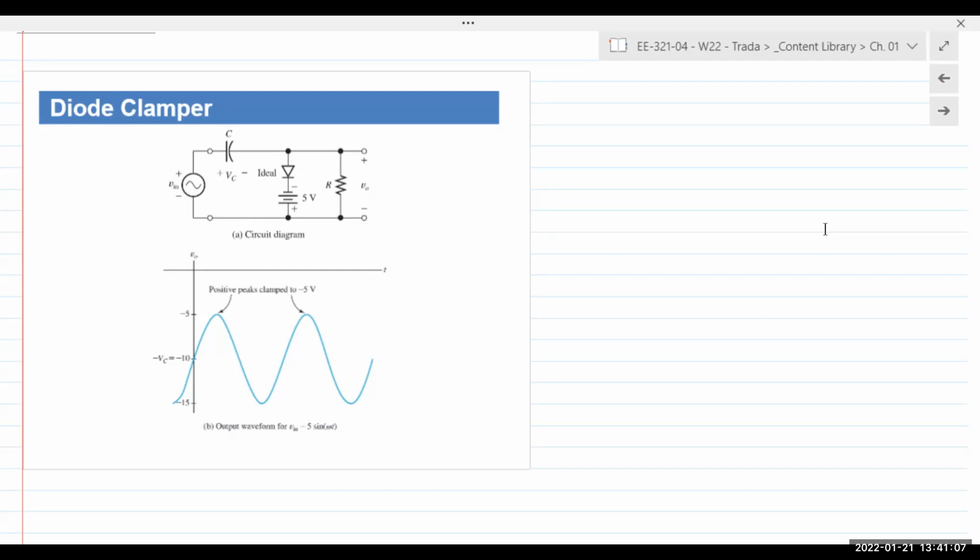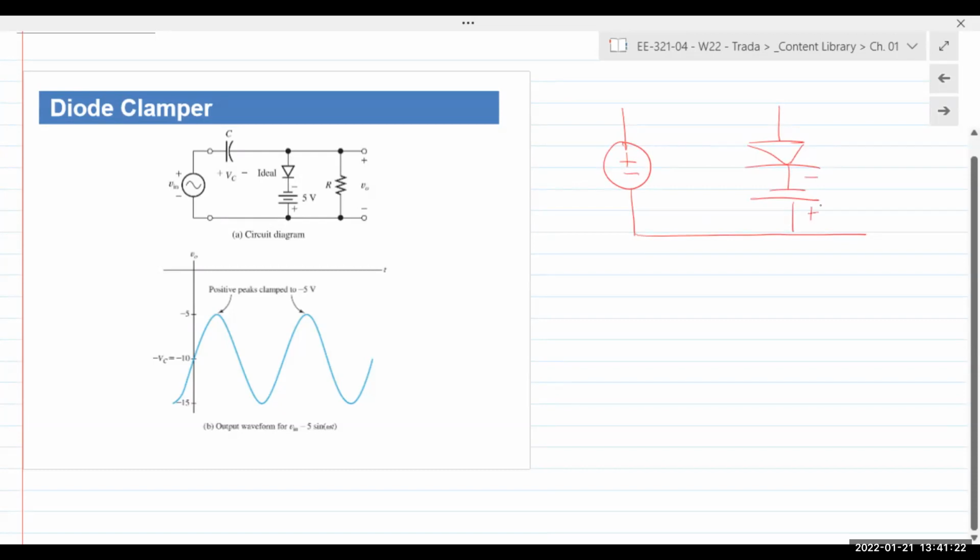Actually, when I say this and that, let me make annotations here. So we have a battery here, minus and plus. Cathode is held at minus 5 volts.